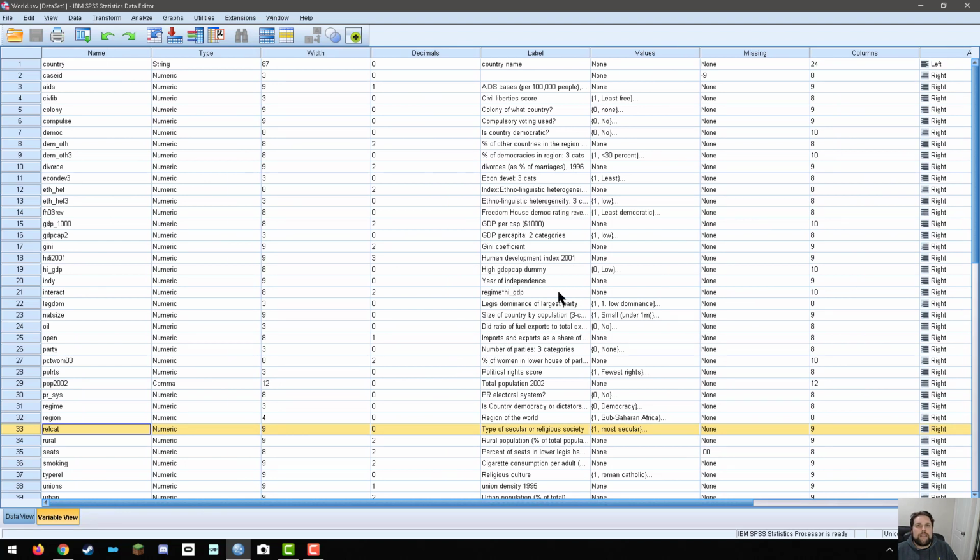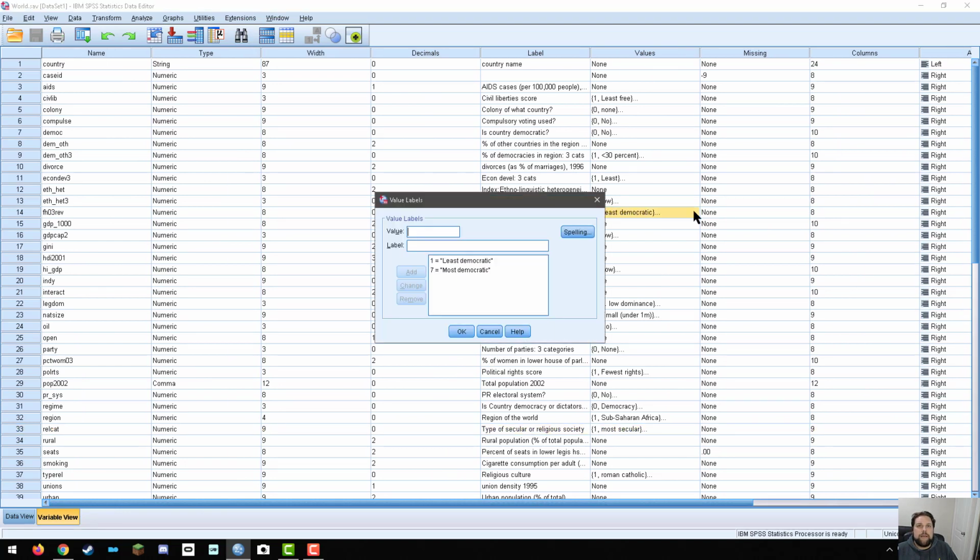And let's find, how about least democratic to most democratic on a scale of 1 to 7. So you can have 2, 3, 4, 5, and 6 in between, which lie somewhere between the most and least democratic values. Okay, so let's see if religious category affects how democratic a country is.